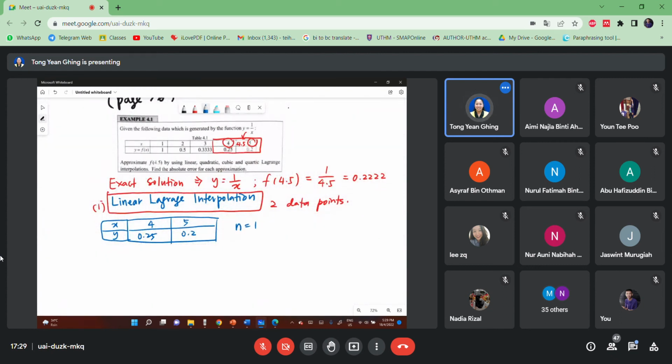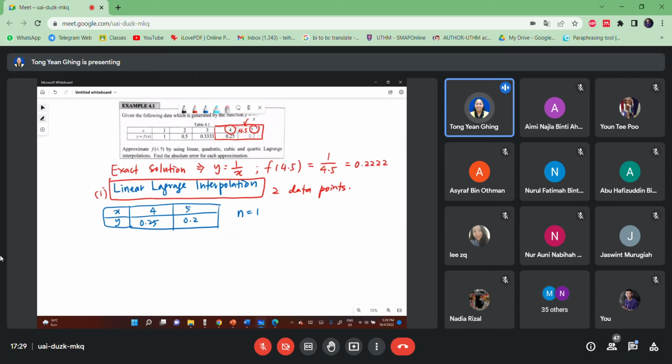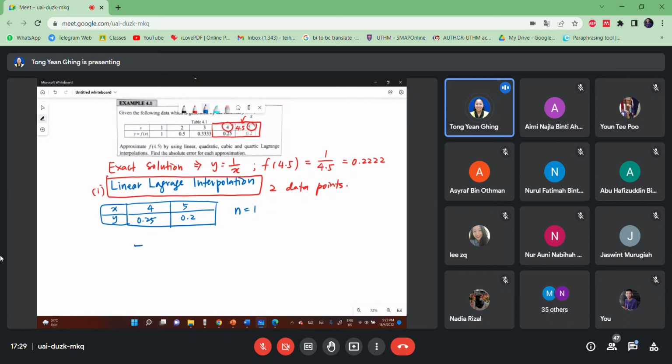In linear interpolation, first of all, remember that we have to find the weighting functions L0, which is (x minus x1) over (x0 minus x1), and then L1, which is (x minus x0) over (x1 minus x0).